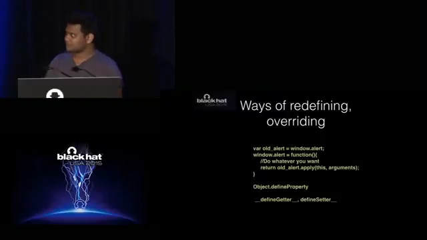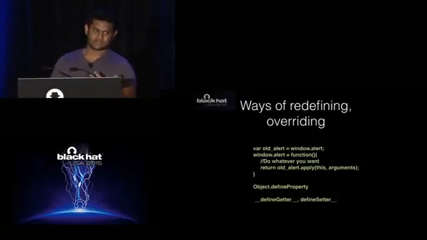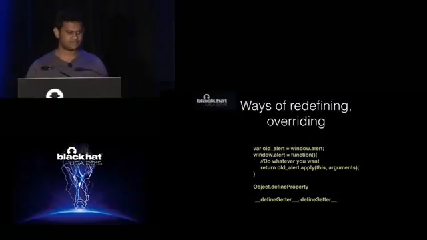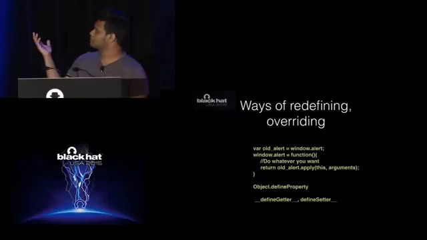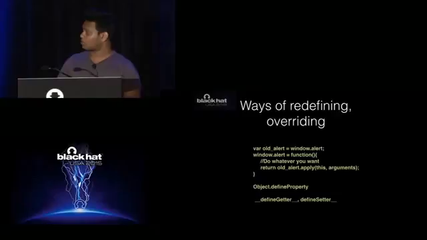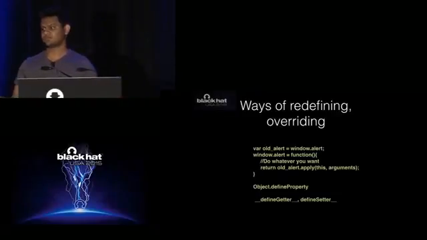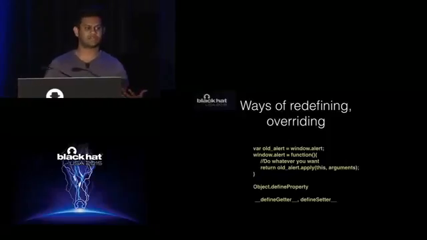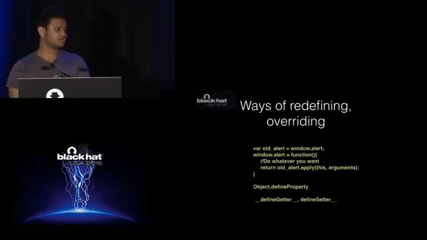So here are a few ways of how you would redefine or override things in JavaScript. I've used the basic properties here, and for instance, if you have a method like window.alert, you would just have a copy of it and redefine and override it. For certain properties like cookies, it's different. Cookies are interesting properties. You cannot just have a copy of the cookie and then create a new cookie proxy out of it.